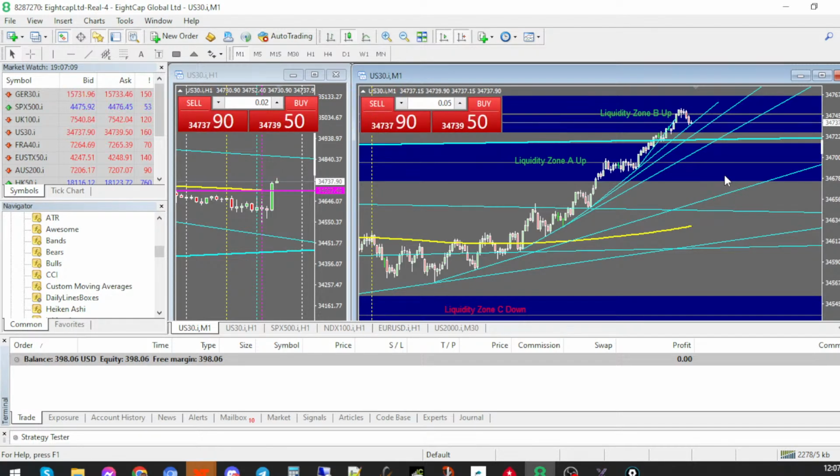If you're with me, just say hello in the chat box. We're waiting for a break of this trend line to go short. Getting that bounce.